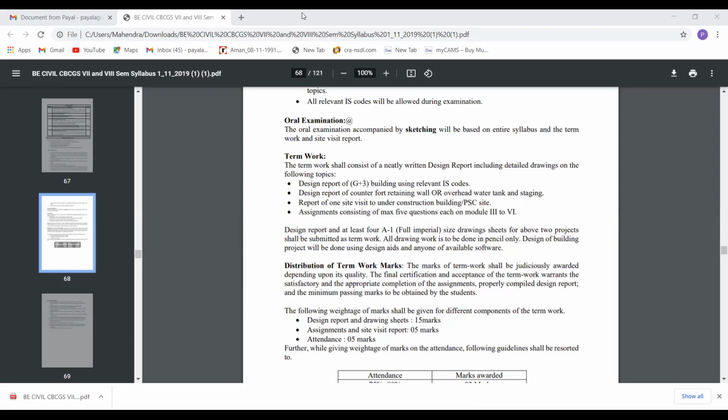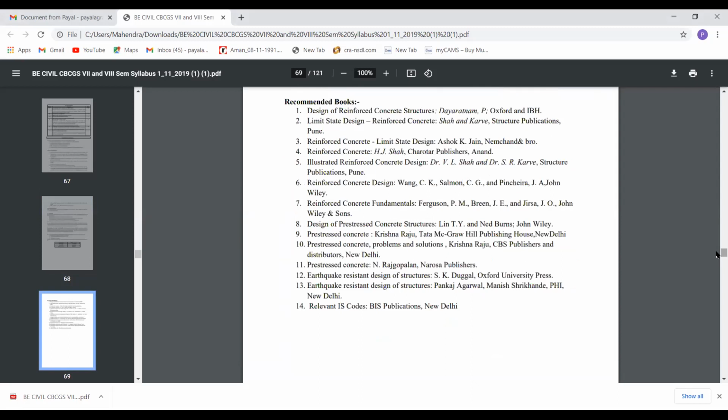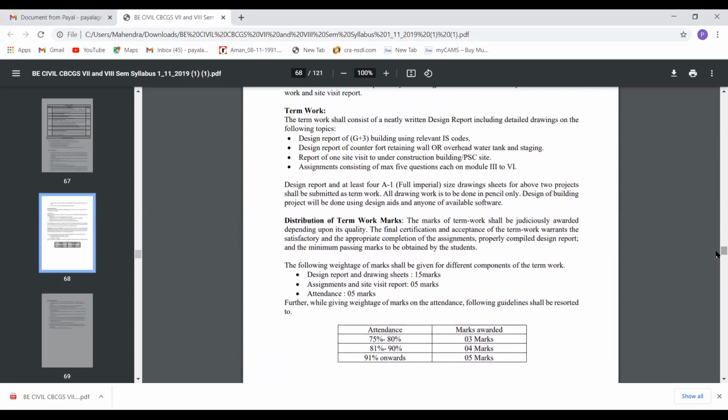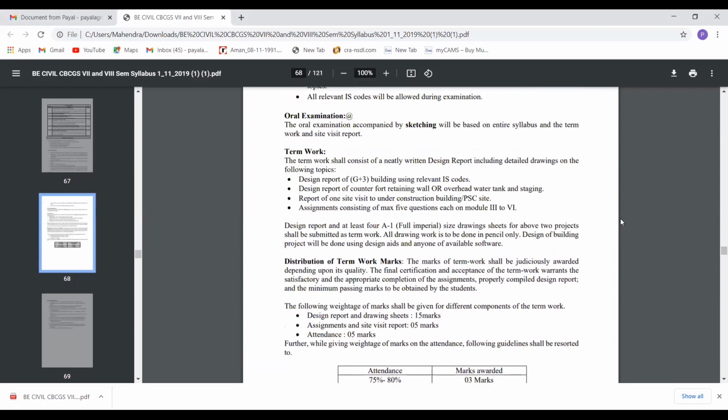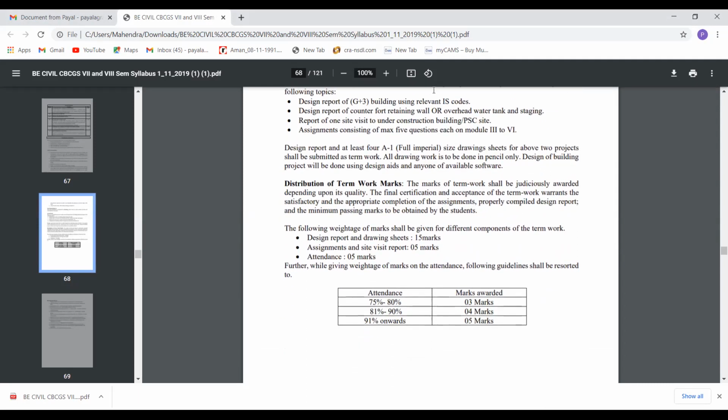In the assignments, you have questions based upon all your modules. For each type, I will give you one question, and for that one question you have to do the assignment. As well as that, if things go properly and the college starts, there is one site visit also.